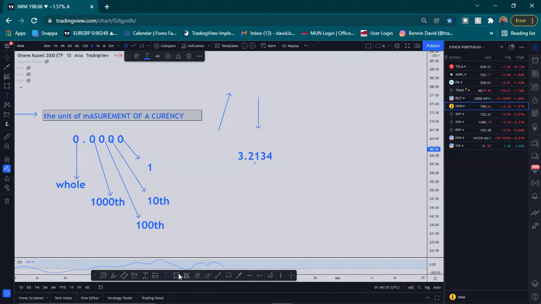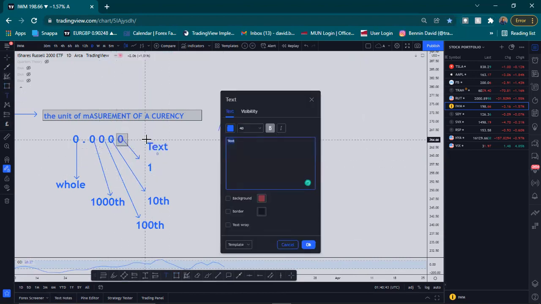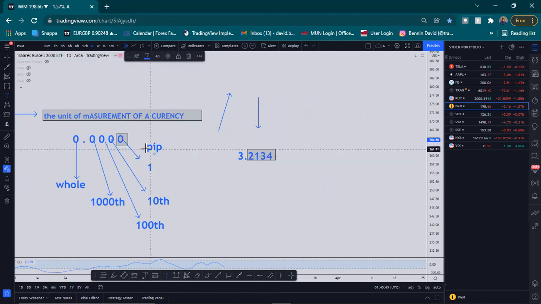So what does this mean? Every number after the decimal point is how we get our pip calculation. The fourth value after the decimal point, so we have the first, second, third, and fourth, is what we call a pip. We can have a fifth value, which they call a pipette, but that is not really important. Let's forget about that for now.